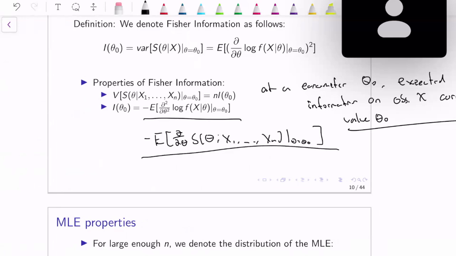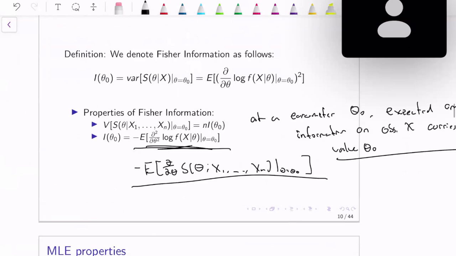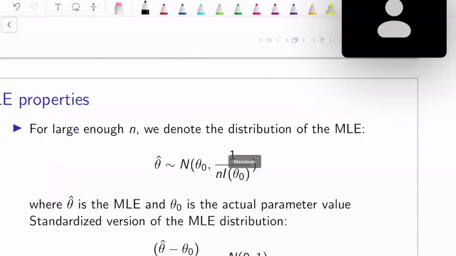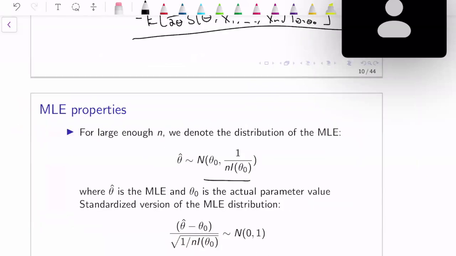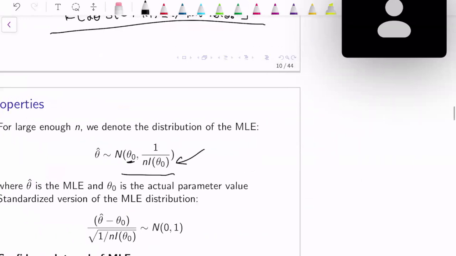So these two are generally the formulas that are used. This will be helpful when we get to the large sample properties. When we have n large enough, the distribution of the MLE will follow a normal distribution centered at theta naught, with variance 1 over n times the reciprocal of the Fisher information.